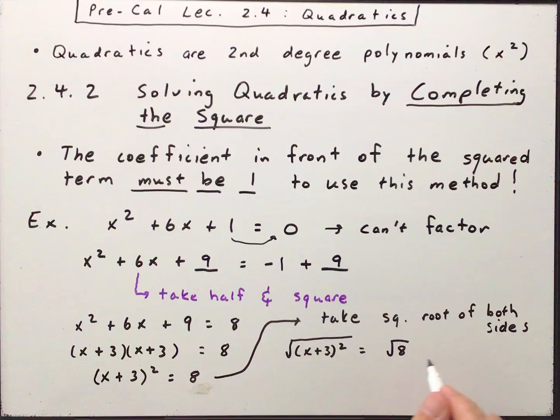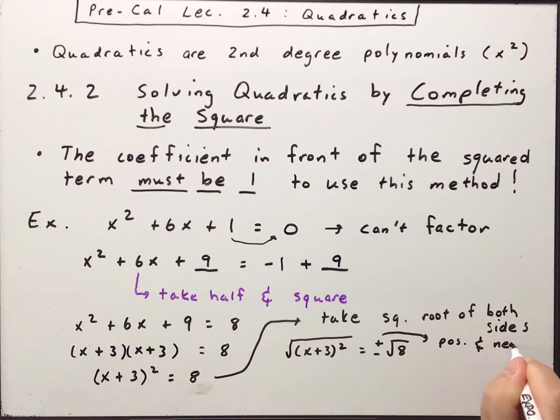But it's not just the square root of 8. It's plus or minus the square root of 8. Okay? Because there are positive and negative roots. When you square something, square a negative, you get a positive.